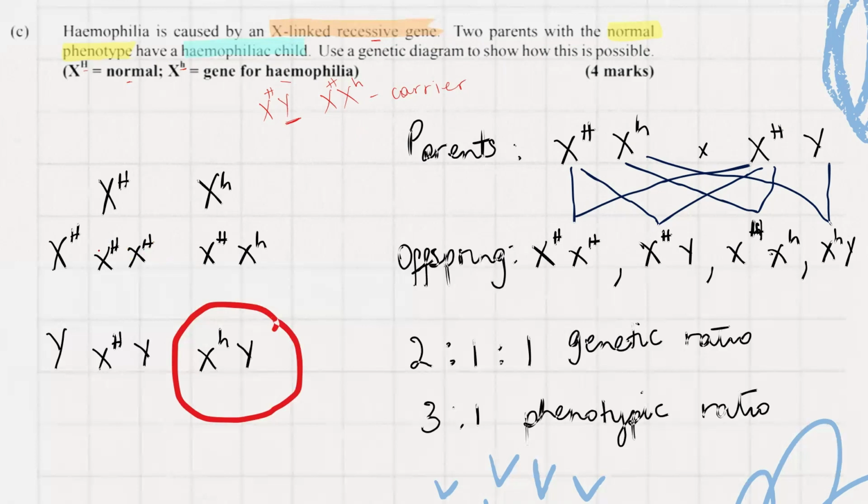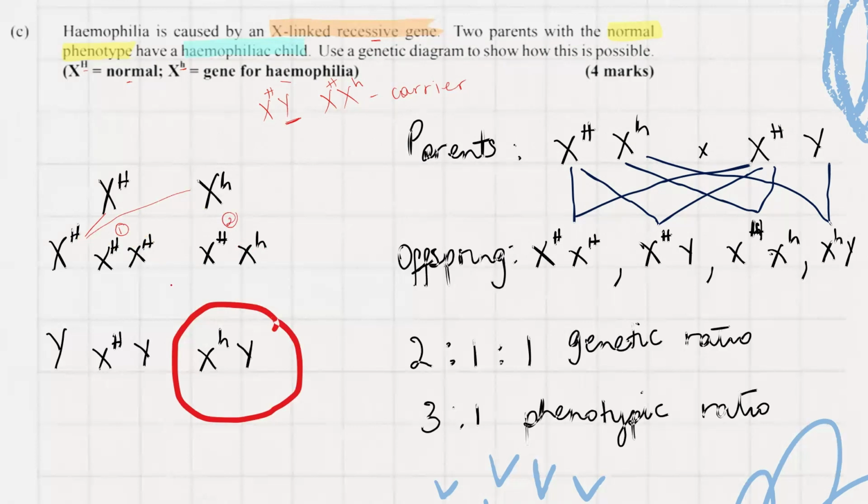So the first one we'll do, we'll look at this one here. We have X capital H by X capital H. This is a perfectly normal child. We have X capital H by X small h. So number 2, this child or this chance here is just like the mother.